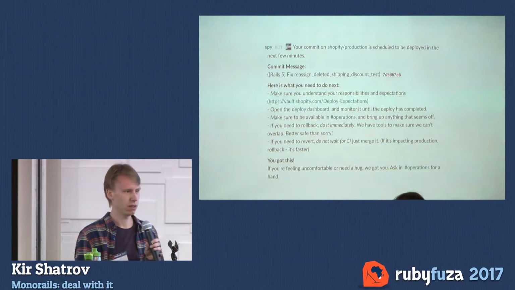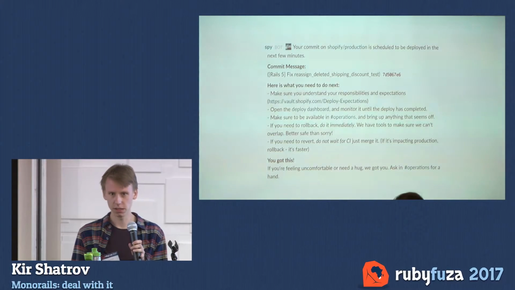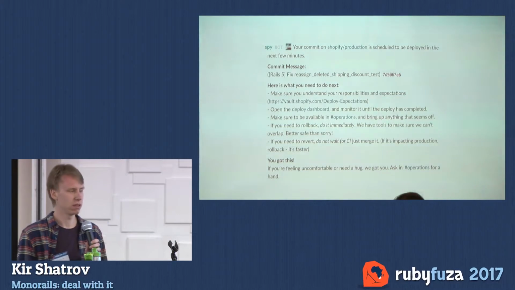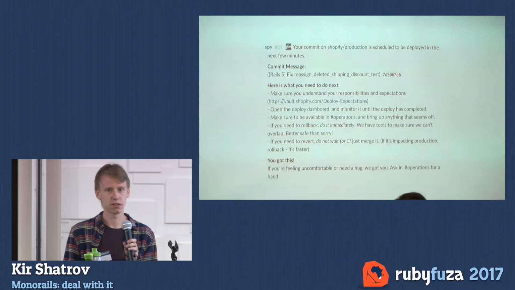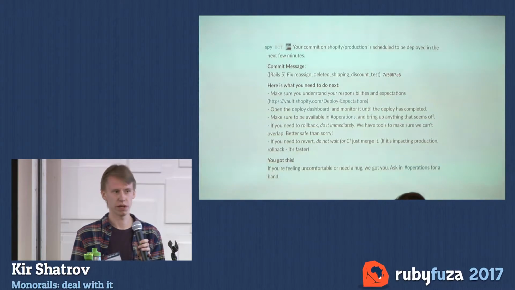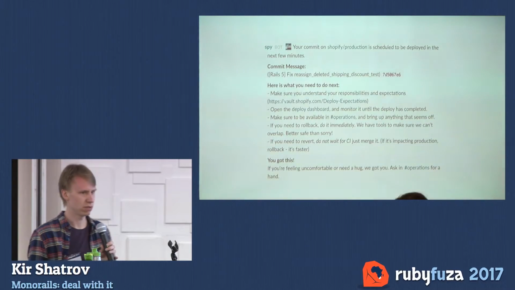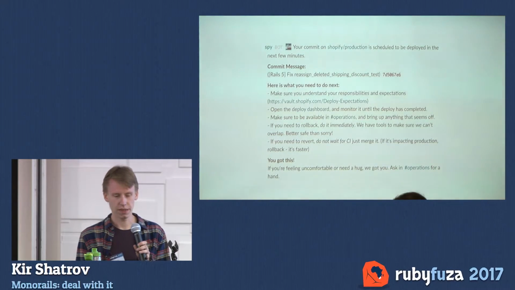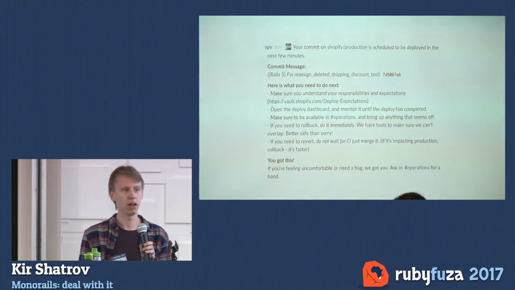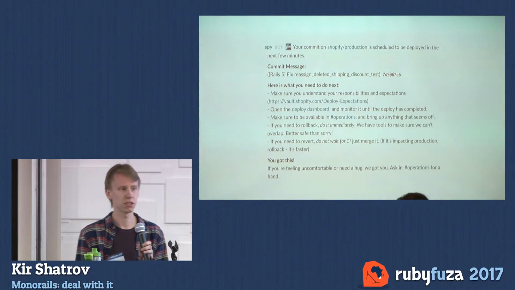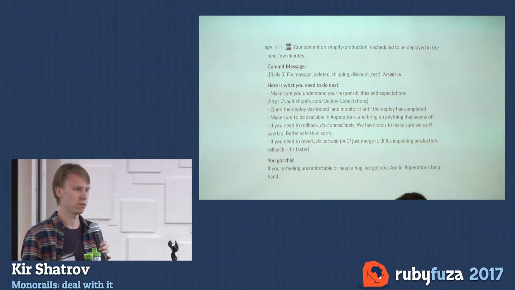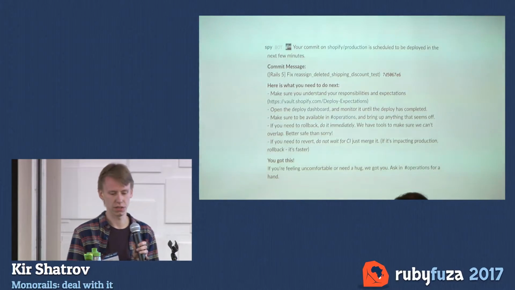This works pretty well. People do not introduce changes that break production really often, maybe once or twice a month. And I think it's really great that we can allow all these developers to ship their changes, and they will feel responsible for it and watch it closely.